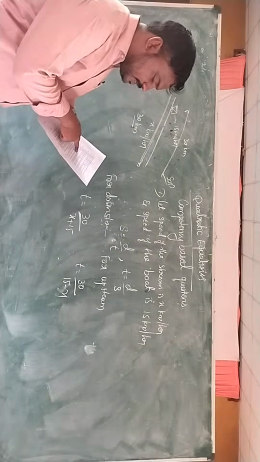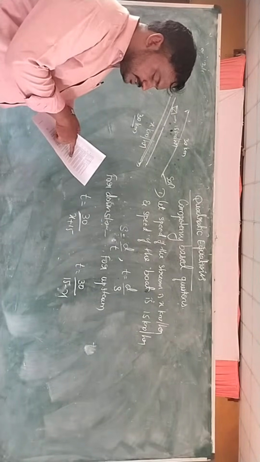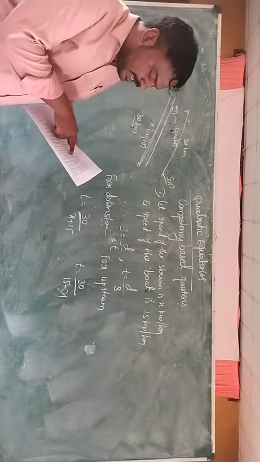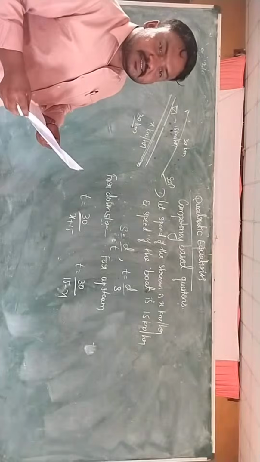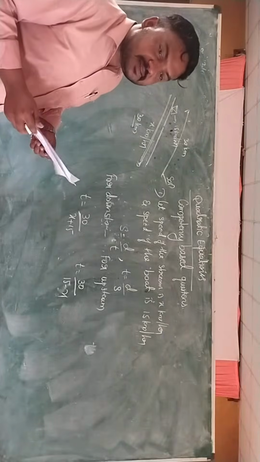Read the question. The speed of the boat in still water is 15 km per hour. It can go 30 km upstream and return downstream to the original point in 4 hours 30 minutes. So total time taken is 4 hours 30 minutes.